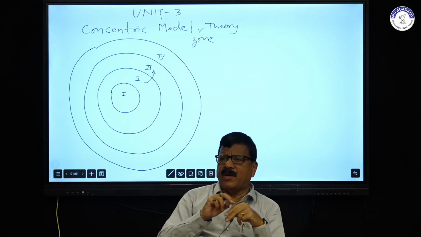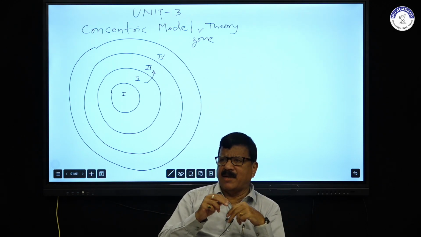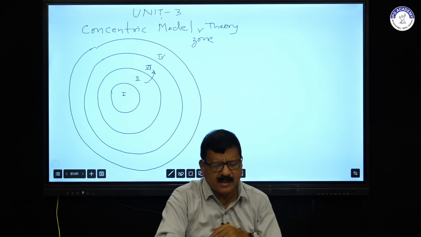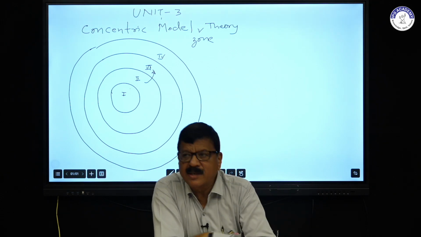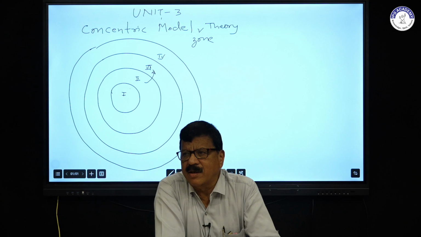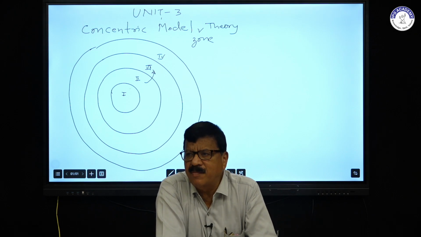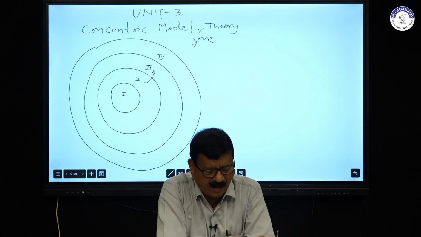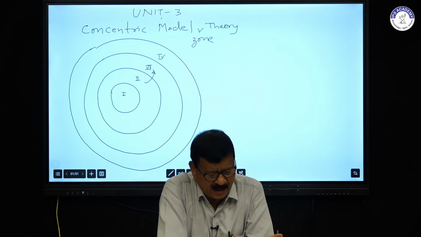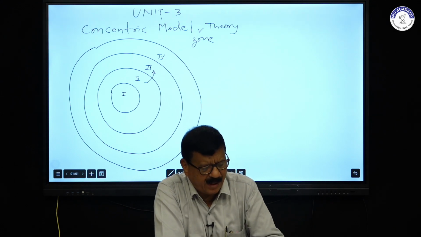So everybody cannot afford it, but somebody can. This is the zone of better residences. For the smaller plot it is a little better, for the medium it is still a little better, and for the larger size it is very, very good.